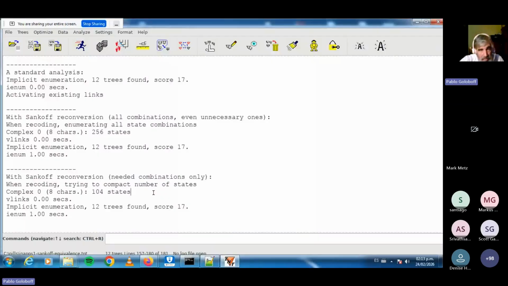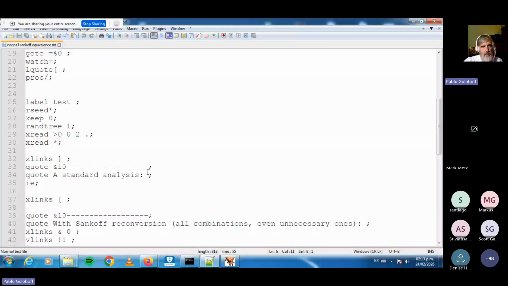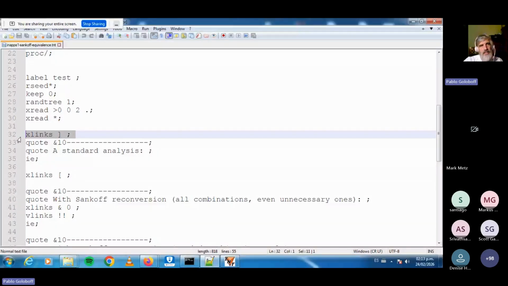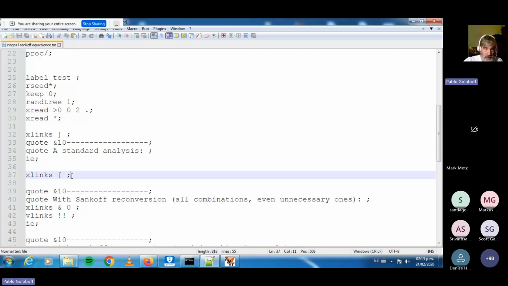Now, you can disconnect what the script is doing, is in here. The X-links open square brackets and X-links closing square brackets connects and disconnects. This will be disconnecting, this will be connecting the use of the dependencies between characters.